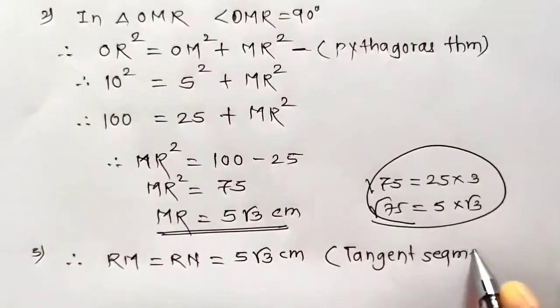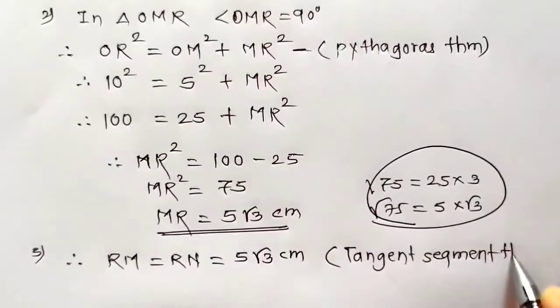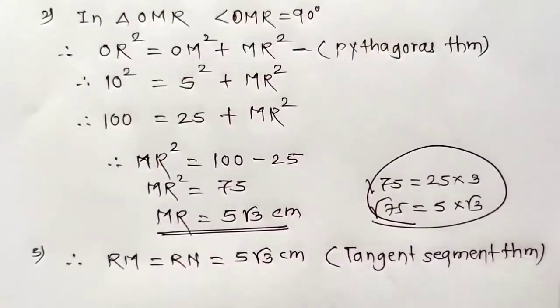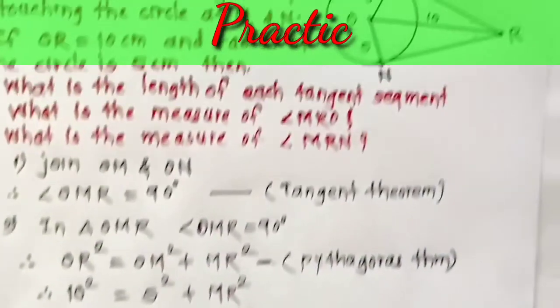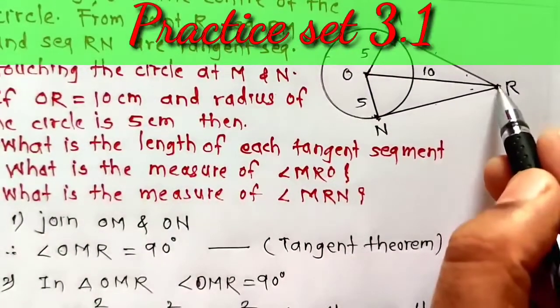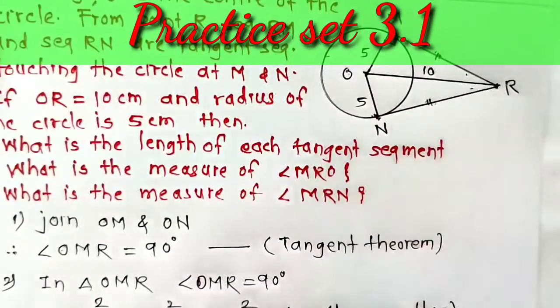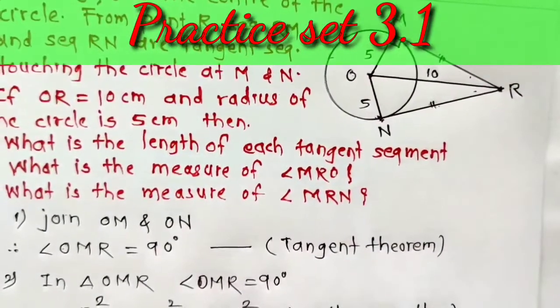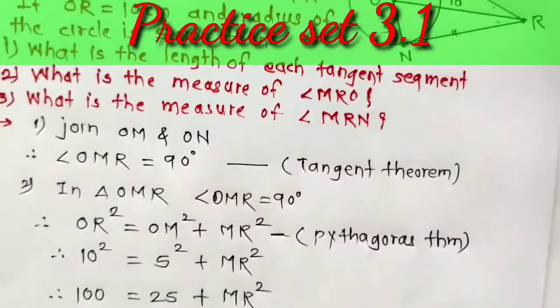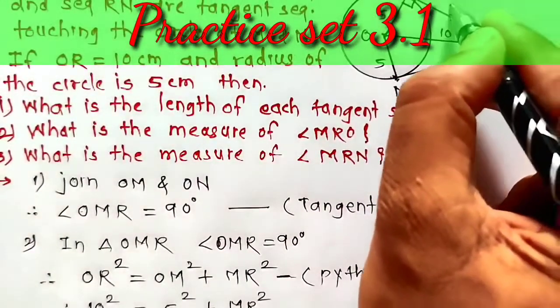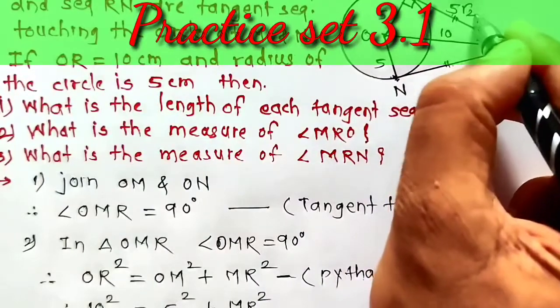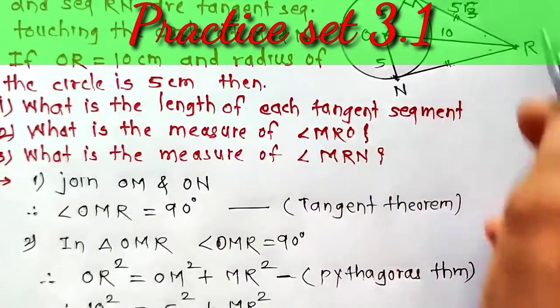By this theorem, the tangent segments drawn from an exterior point are equal. R is the point in the exterior. So RM is equal to RN. So using that concept, we get the value of RM as 5 root 3.